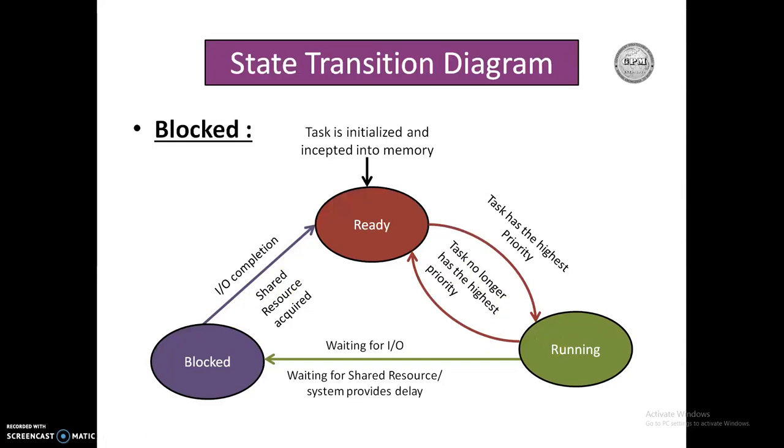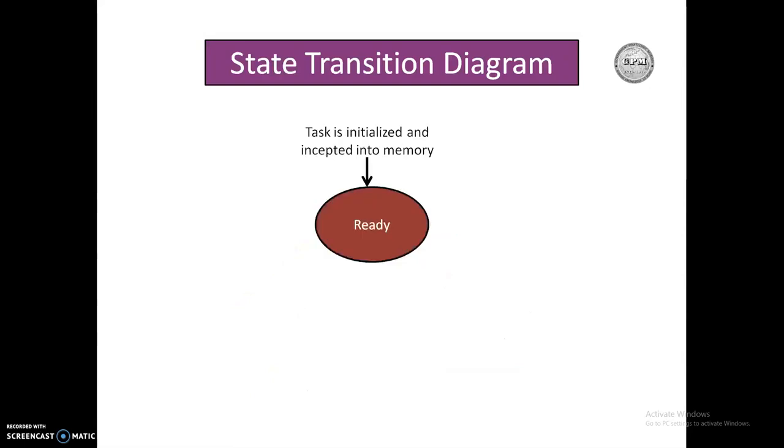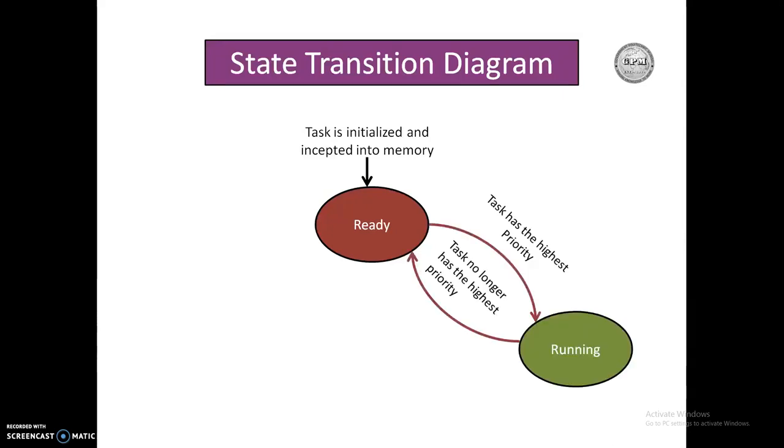Thus, this is the complete flow when each task moves from one state to another. First, whenever a new task is initialized, it will go into the ready state, and having the highest priority, then go to the running state.